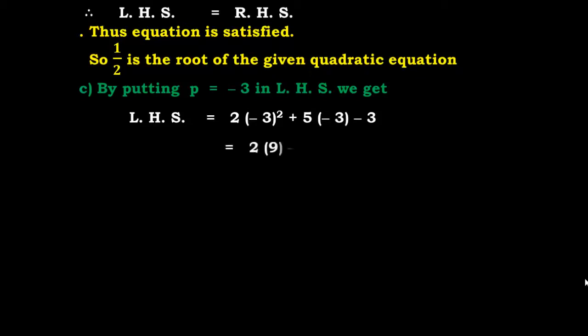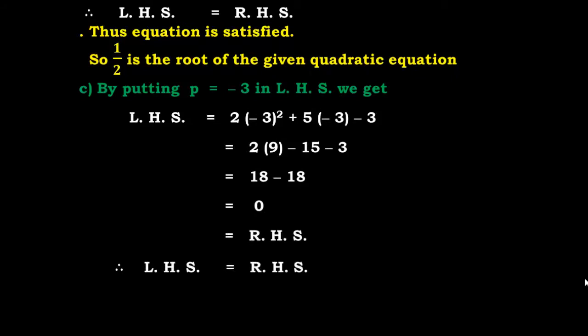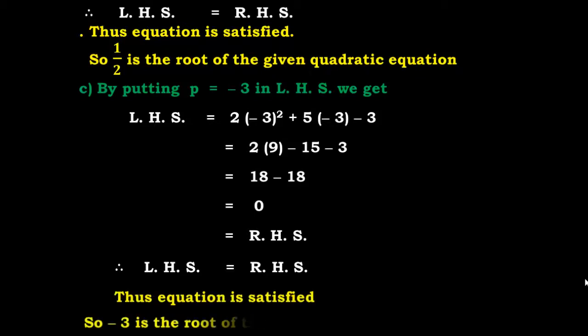So 2 into 9 plus 5 into minus 3 minus 3, that is minus 15. 2 into 9 is 18 minus 18, which equals 0 and equals RHS. That means LHS is equal to RHS. Thus the equation is satisfied. So minus 3 is a root of the given quadratic equation.